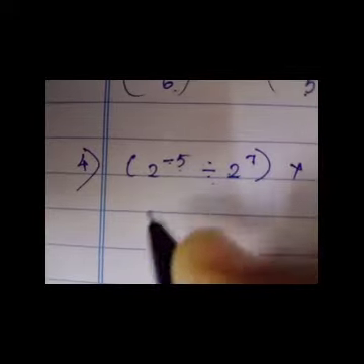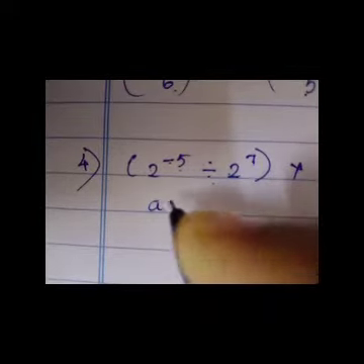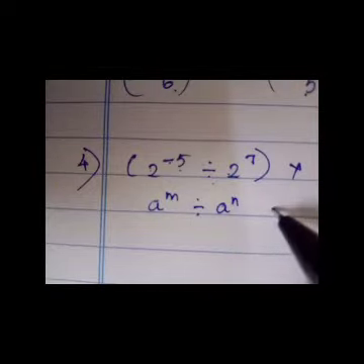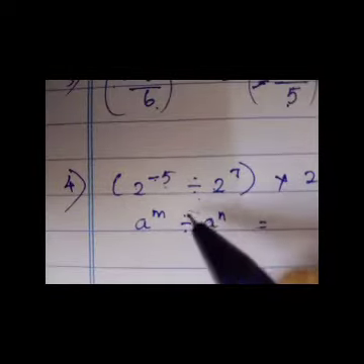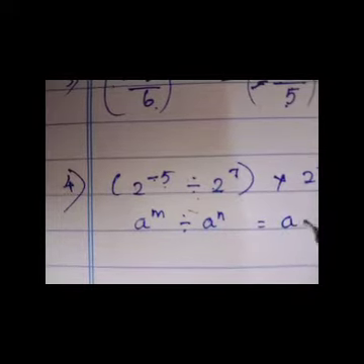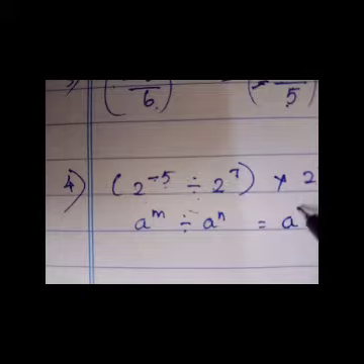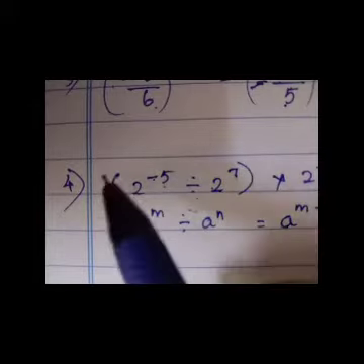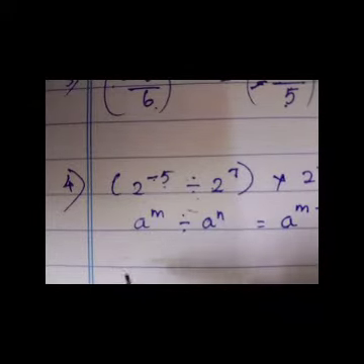So if the bases are same and the powers are different, what is that rule? Quotient rule. That is a power m divided by a power n. So if it is in the division, what will you do? You have to subtract the power. A power m minus n. So first we are going to simplify the bracket.